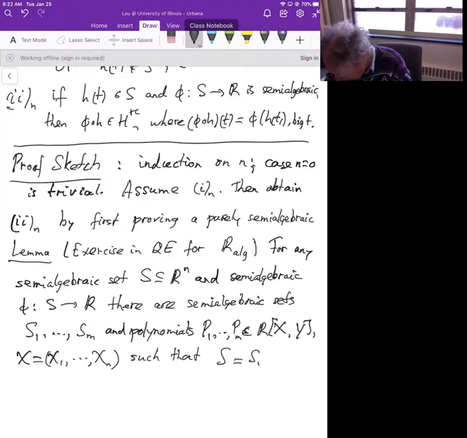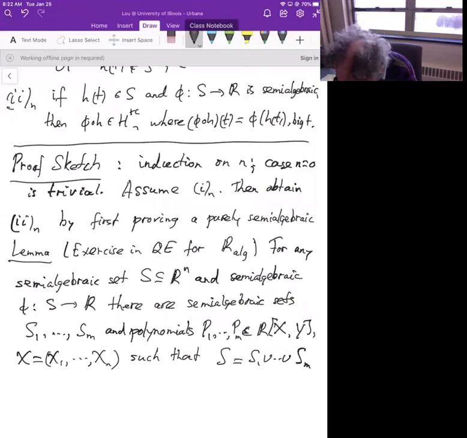You can make it a disjoint union, it doesn't matter, and you can even take the sets S1 up to Sm very special, like semi-algebraic cells, but it doesn't really matter for how we use this. So S is covered by finitely many semi-algebraic sets, and such that on each of those, the function phi is a root, so to say, of the equation Pi(x,y) = 0.